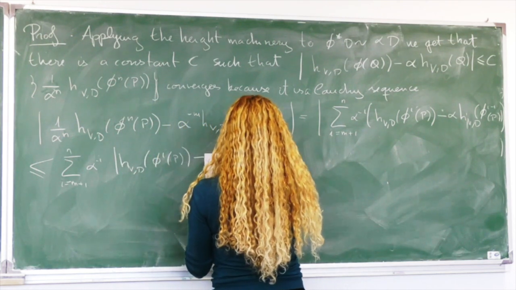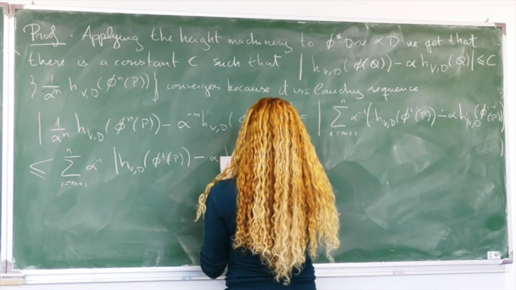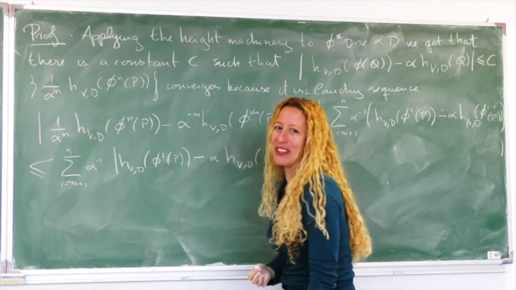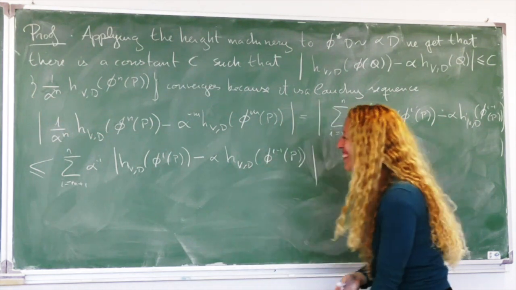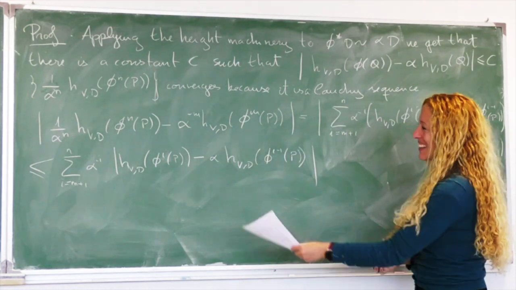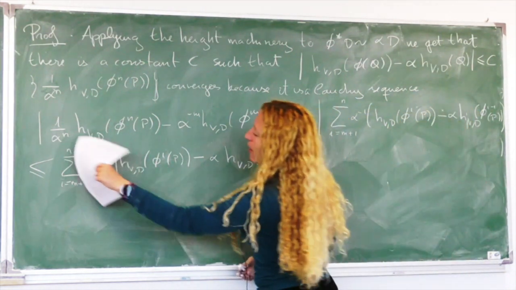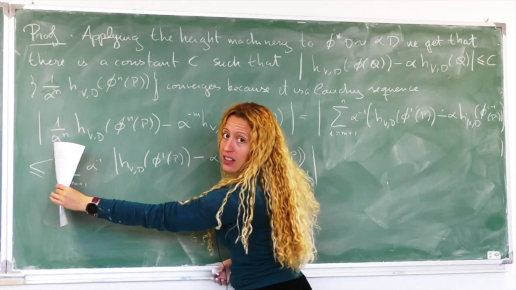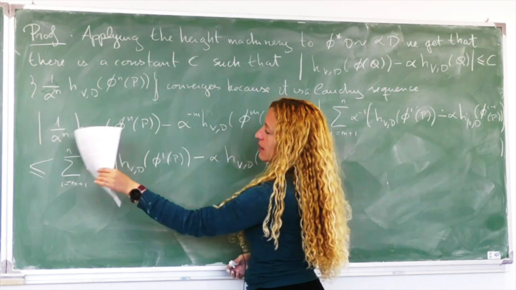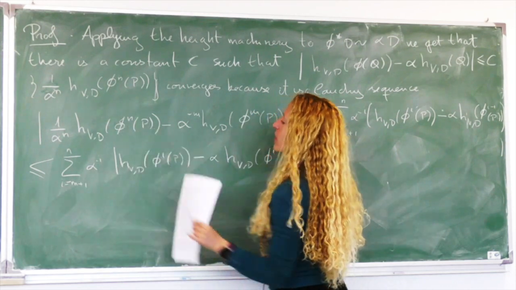Tell me if you agree with this. Well, you cannot tell me actually, this is a funny thing. But as I said, this bar was here, I was taking the absolute value of this, but I take the triangle inequality and then I get a smaller or equal with this in here.